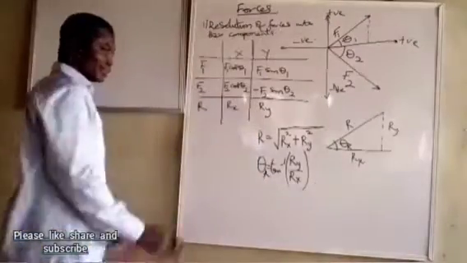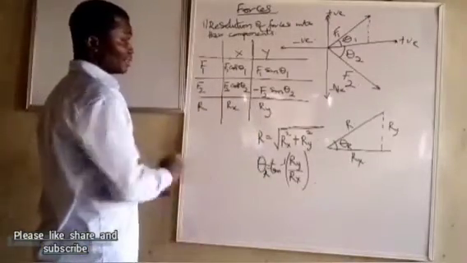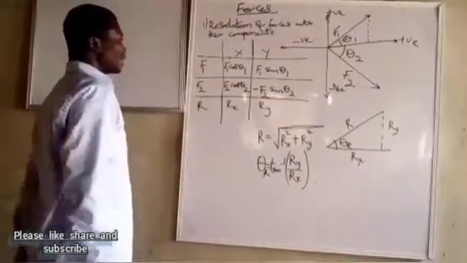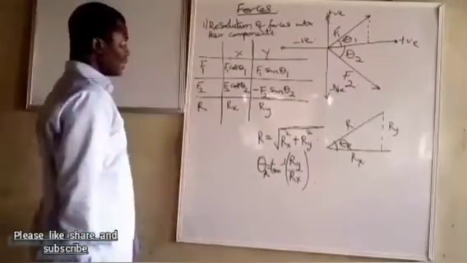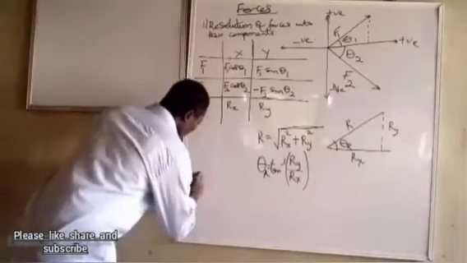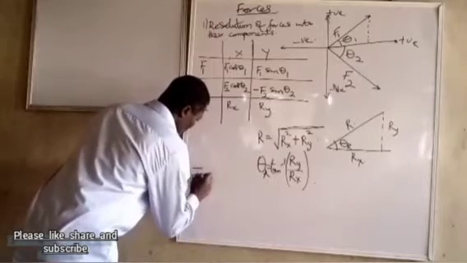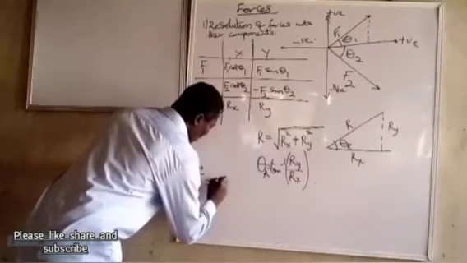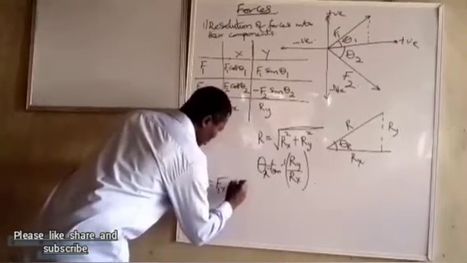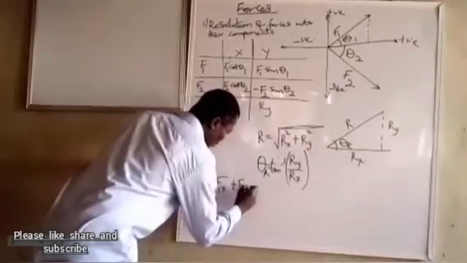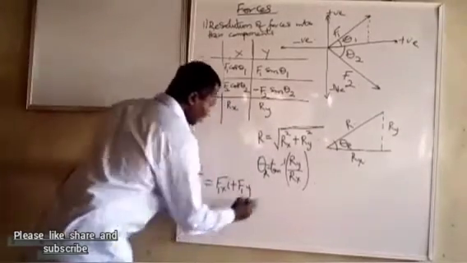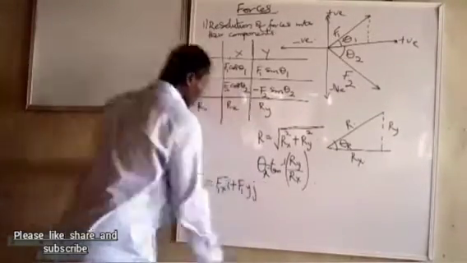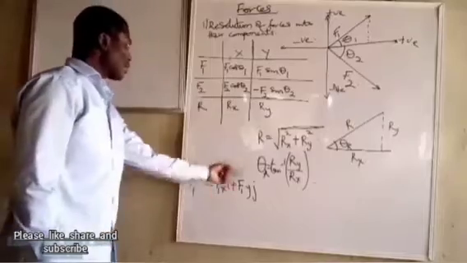And in this resolution of forces, I said that you can express the forces in vector notation and then you add. Look at this. F1 will be F1x plus F1y. So F1x i, F1y j. And what is our F1x?